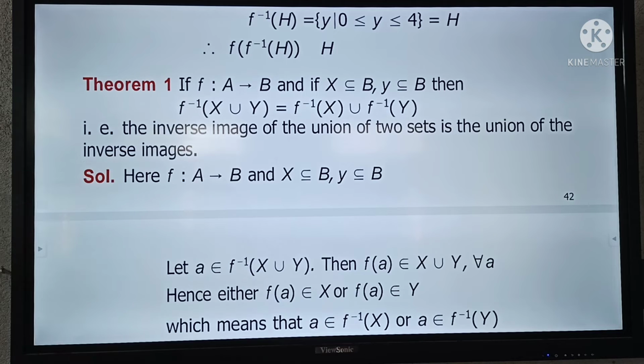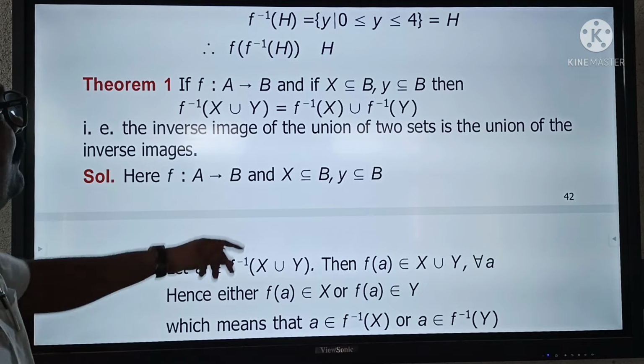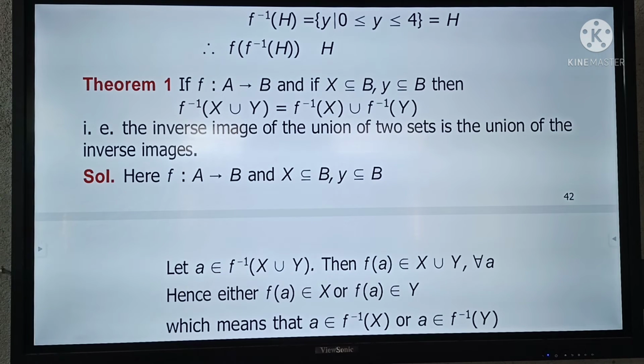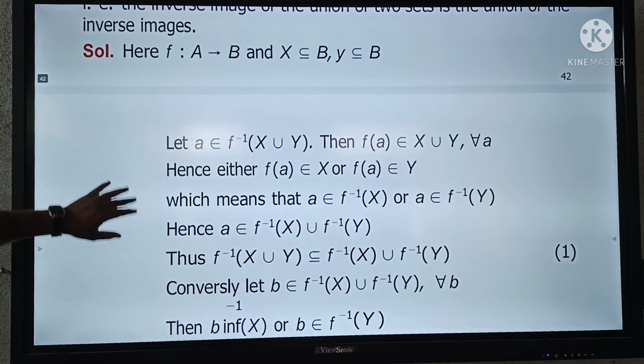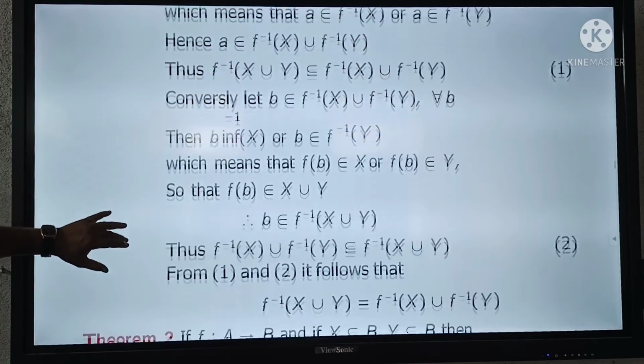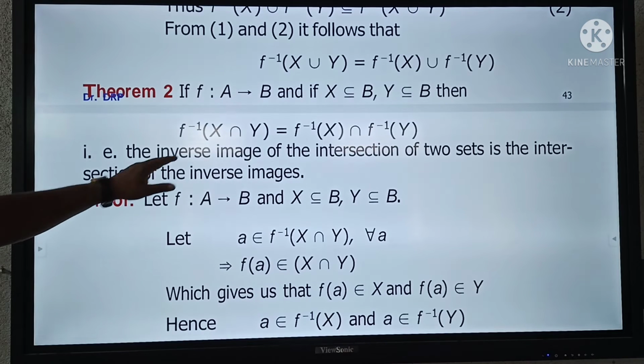So only remember the statement of this theorem: if f is a function from set A to B, and X is a subset of B and Y is a subset of B, then f inverse of (X intersection Y) is f inverse X intersection f inverse Y. Do not waste time trying to understand the proof of this one.